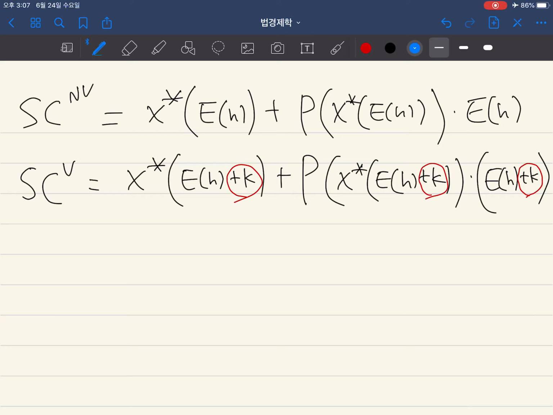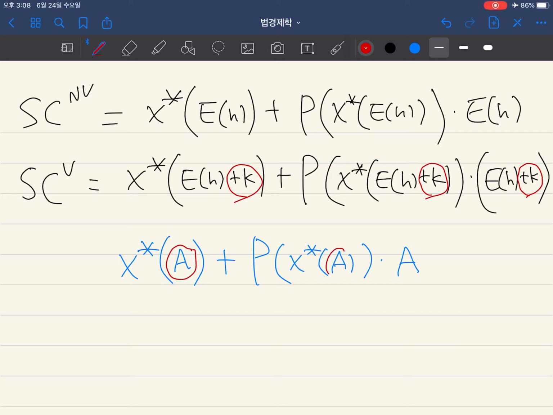So we can see that in general, if you write down social cost expression as this blue expression, this number A is bigger for social cost under verification.